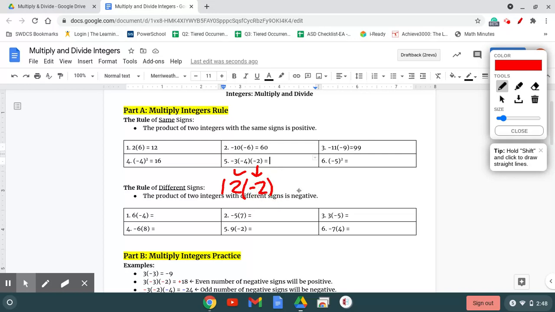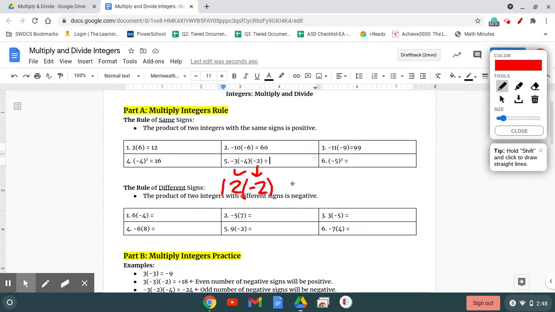Make sure when you're doing your notes, you're writing all of these steps down. Same for number 4. All of those steps should have been written down. So we took negative 3 times negative 4, and we got a positive 12. We drew our caret, we brought down a 12. Then we haven't used this negative 2 yet, so we're going to bring down the negative 2. Make sure all this is written on your paper. So now we have 12 times negative 2.